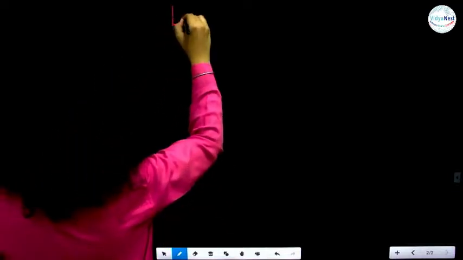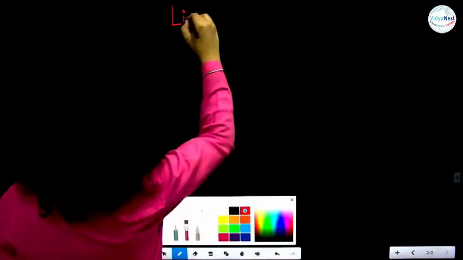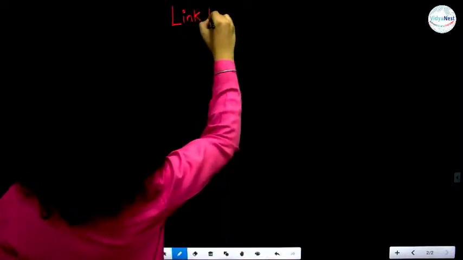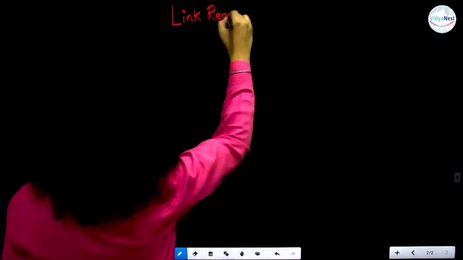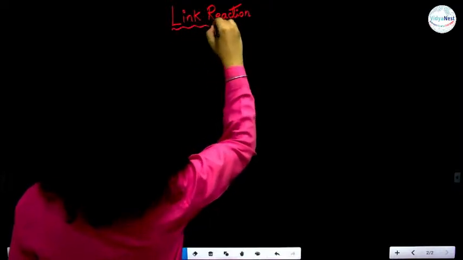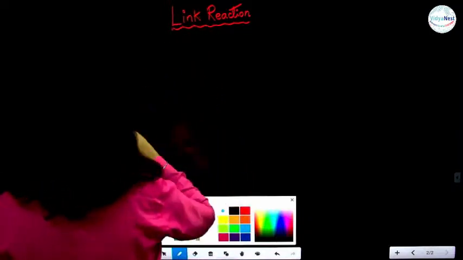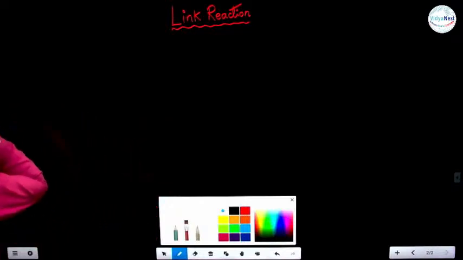I am moving on to the next page. In detail, first of all, let us take the structure of pyruvate.